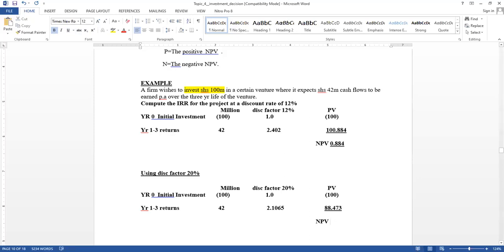So meaning that in this case, my NPV would be what? Negative 11.527. It is negative 11.527.